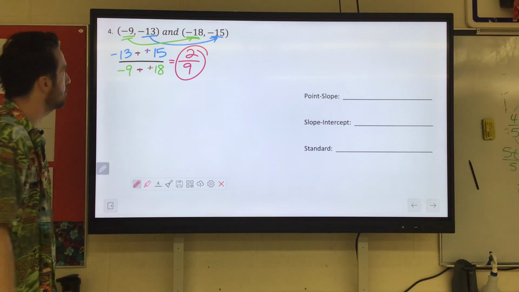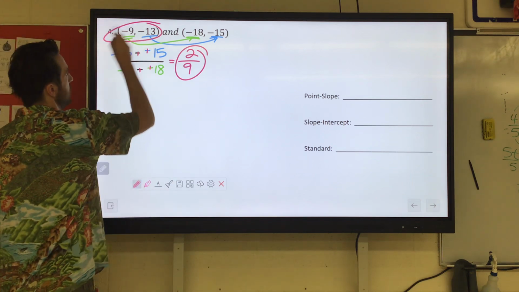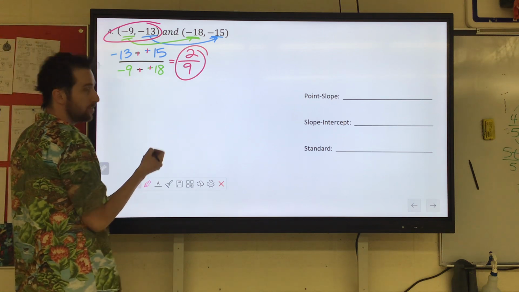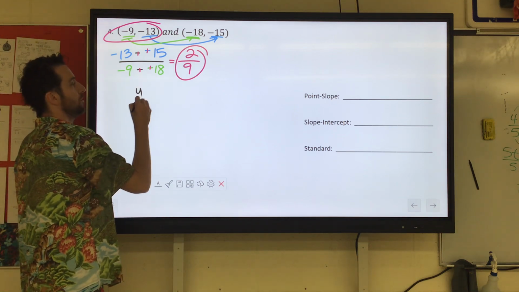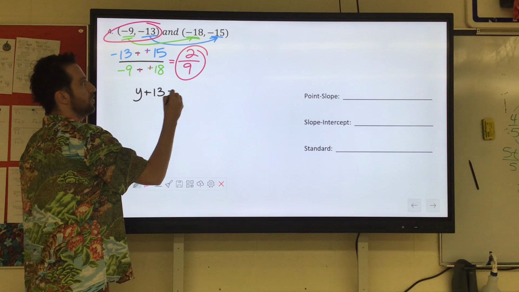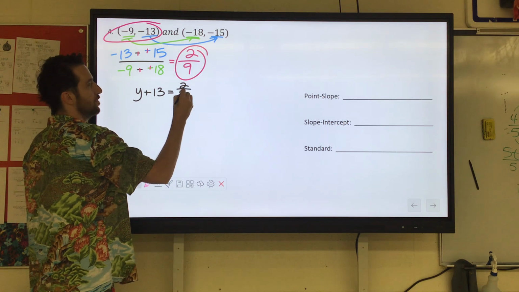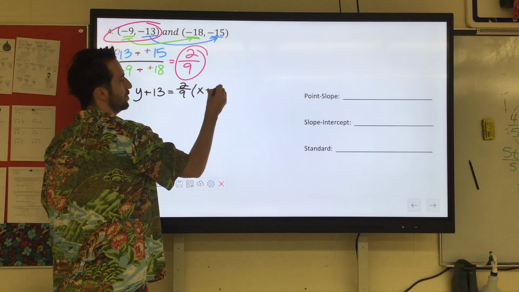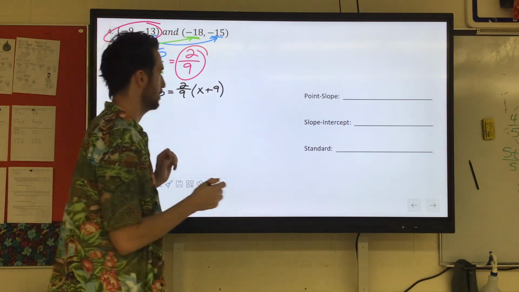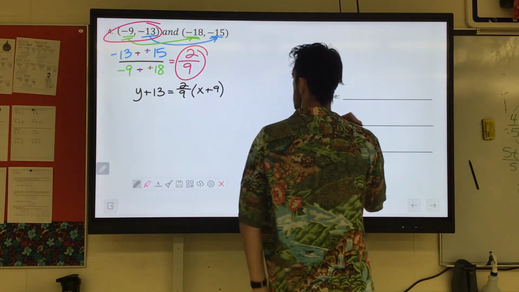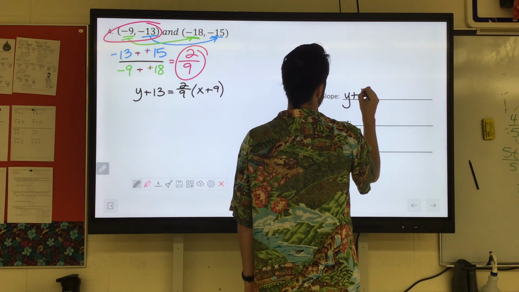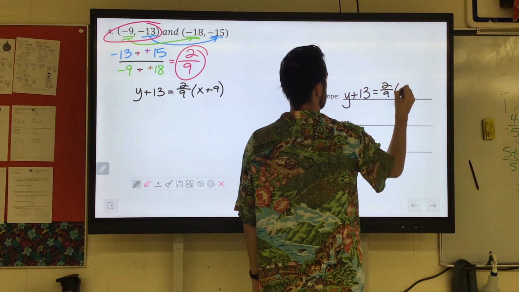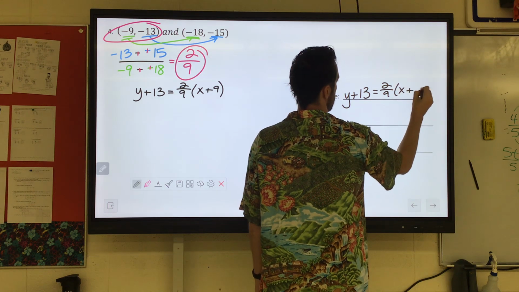We can use either coordinate for point slope form. I'm going to use that first one. So we'll have y minus negative 13, which is y plus 13, equals our slope, 2/9, and then x minus negative 9 becomes x plus 9. So we have it in point slope form. Surprisingly, that's the easiest one. y plus 13 equals 2/9 times x plus 9.